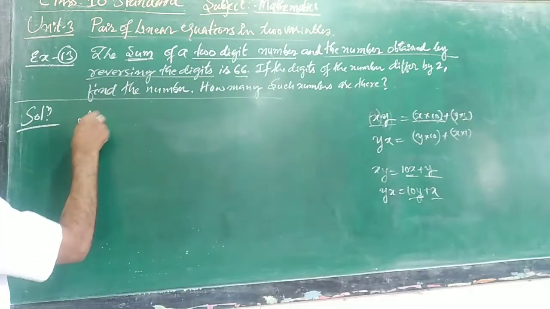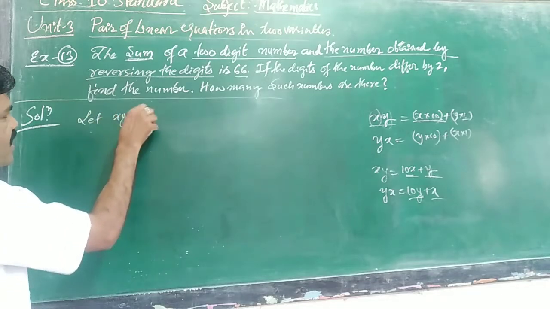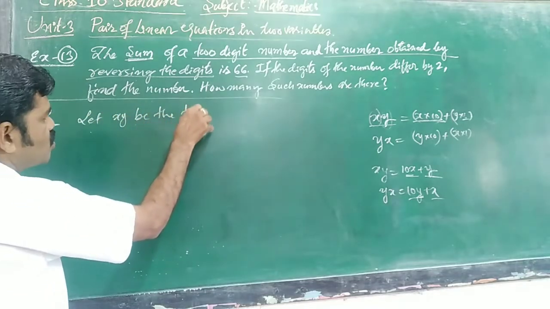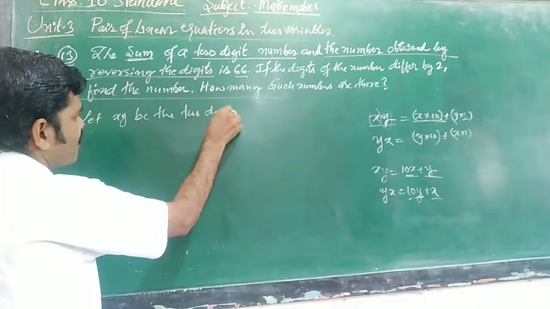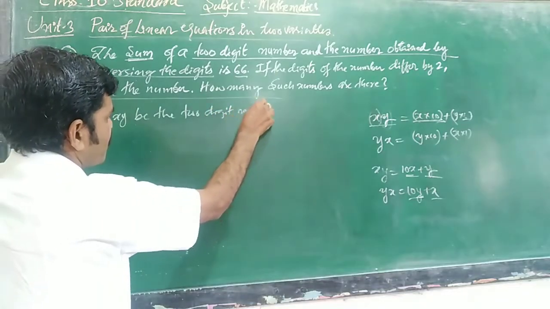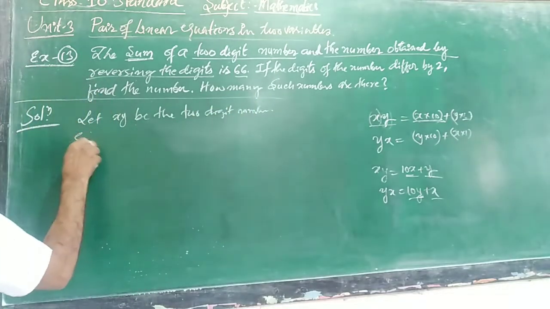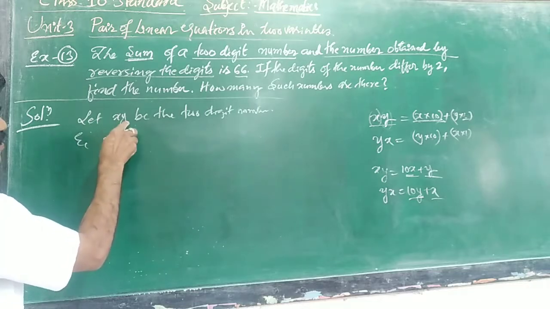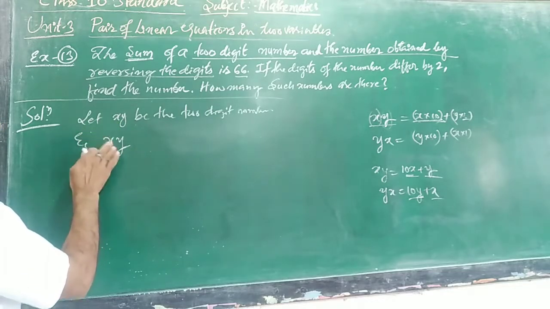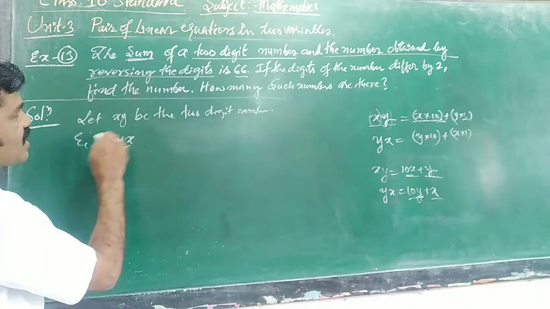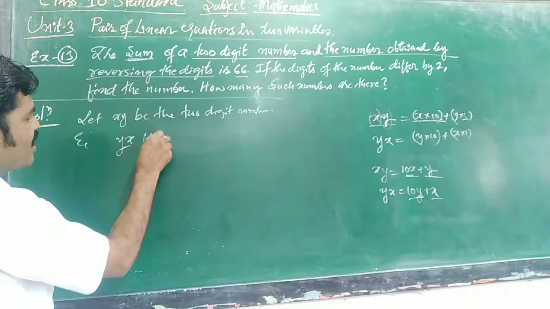So let xy be the two-digit number. Then yx is the number obtained by reversing the digits.